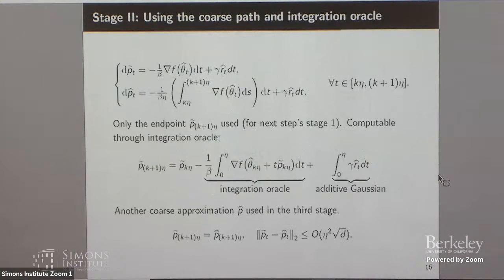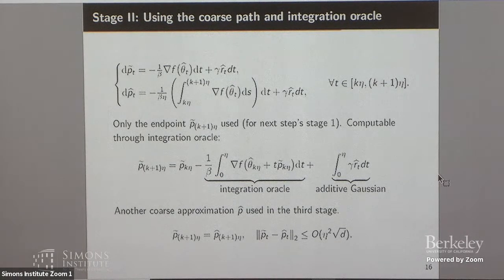So we get this in hand, and how do we make use of that? That's the second stage of our construction, which is to make use of this coarse approximation for theta hat and r hat to construct some approximation for the p process in this diffusion. And the way we do that, we construct both p tilde and p hat.